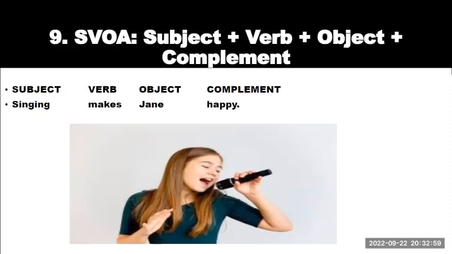Singing is the subject. Ordinarily, you should know that singing is a verb, but here it is used as a subject, which ordinarily should be a noun or a pronoun. That is because we have nominalized the verb singing.